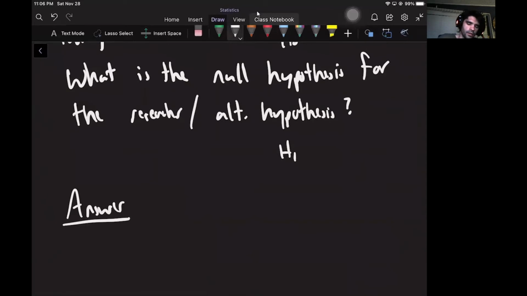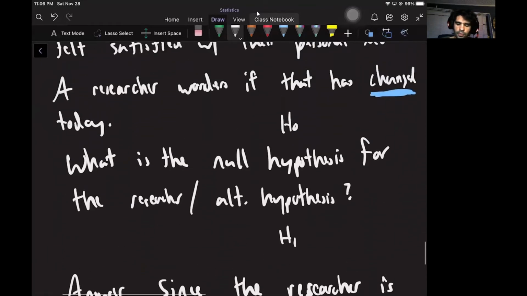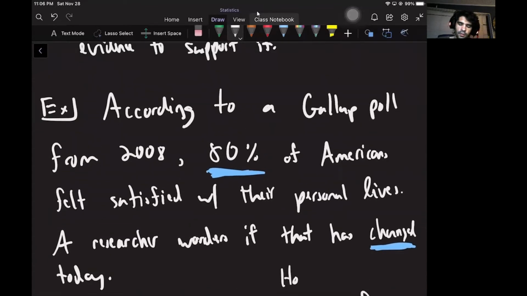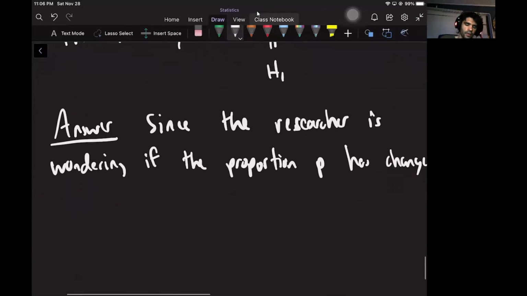Okay, but how can we write this out in a nice way to think about it? Since the researcher is wondering if the proportion, so again, we're talking about proportions in this problem, I'm going to call it P, because it's a proportion of the population that they're studying, which is Americans in this problem. They're wondering if that has changed, so they're assuming to begin with that 0.8 was originally correct.